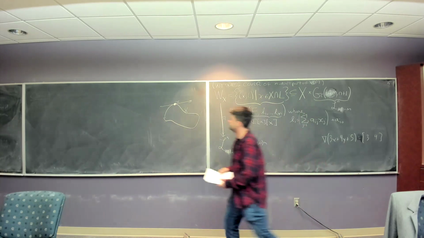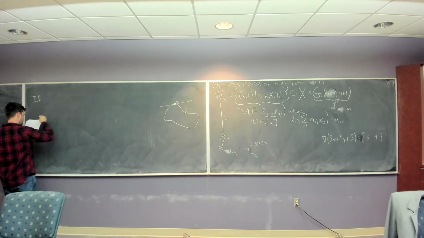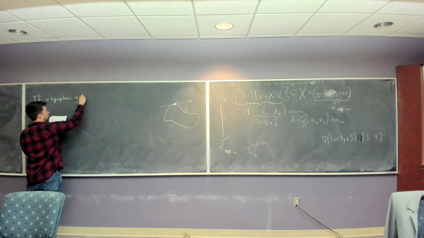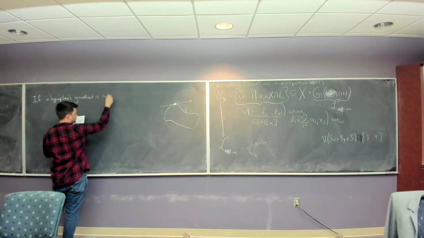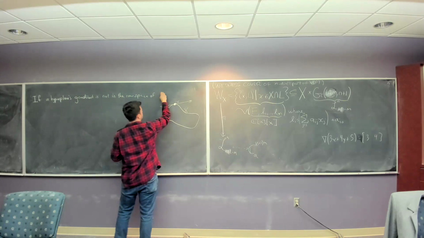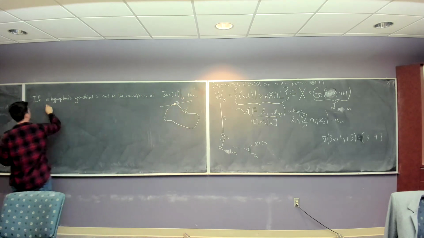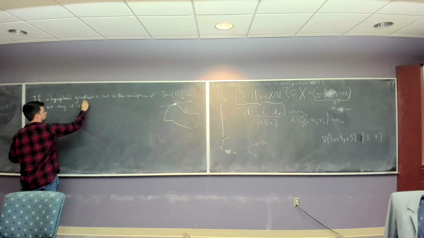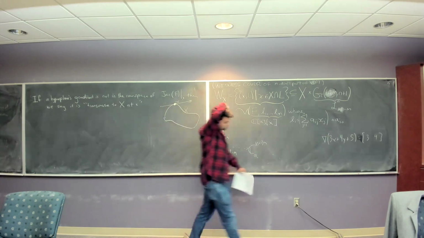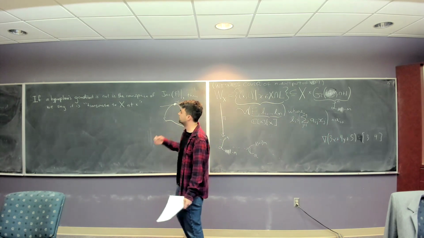Okay? So in other words, if a hyperplane doesn't contain the tangent space of a variety at a point, then that hyperplane is said to be transverse.